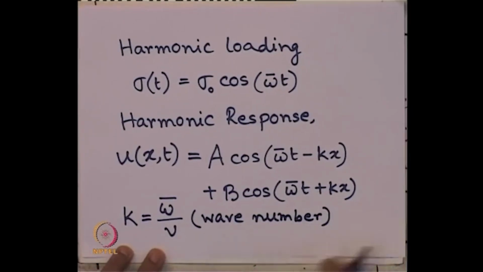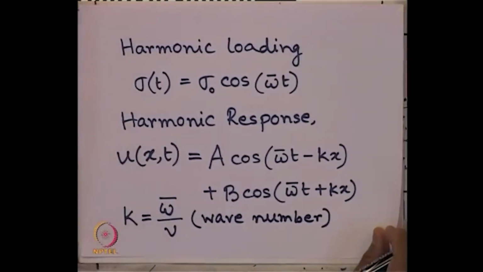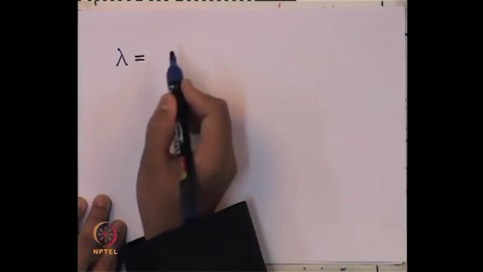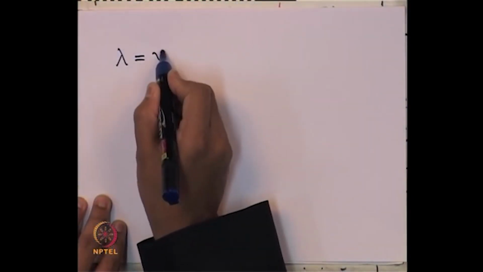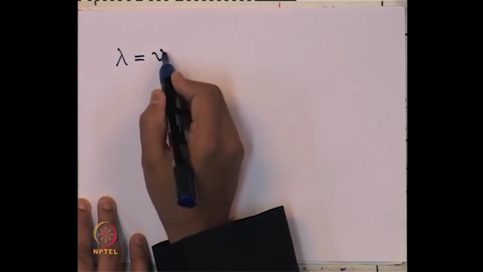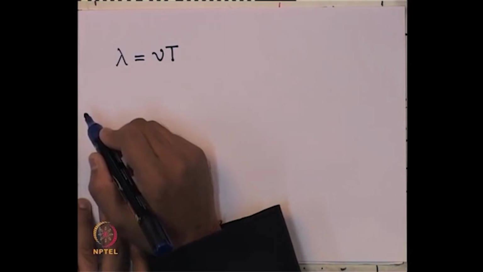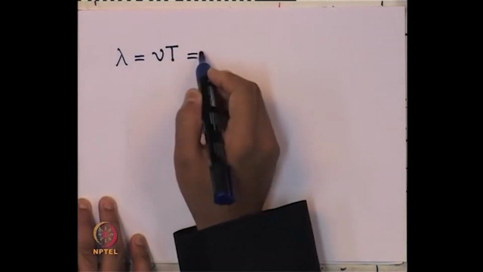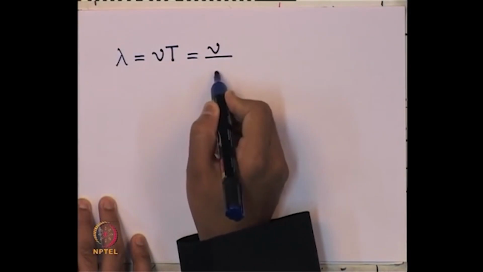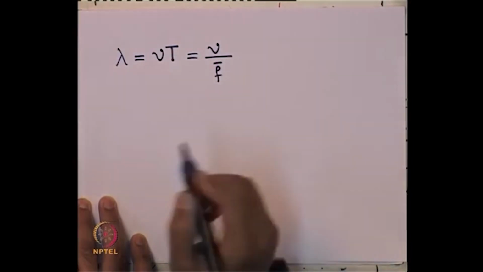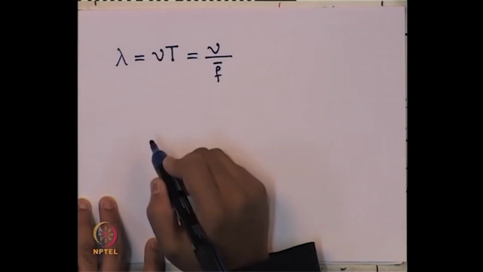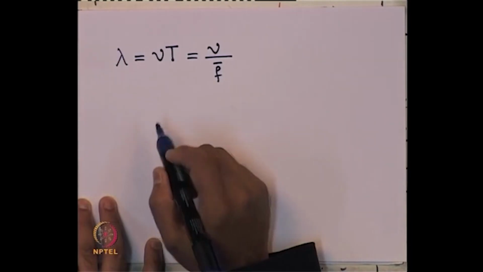And another parameter we can introduce over here is lambda. What is lambda? It is nothing but the velocity of the wave multiplied with the time period capital T, which we can write as v by f, that is the frequency, is not it?